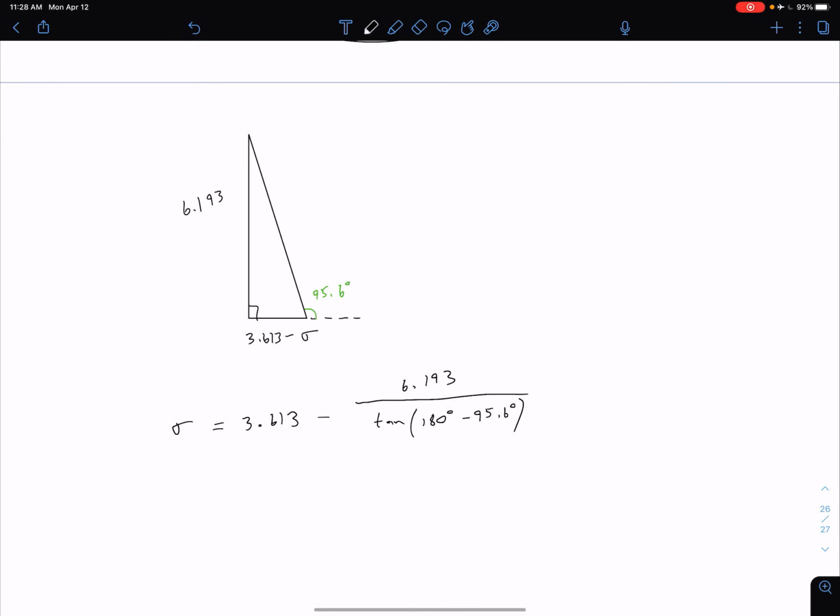So we're subtracting 95.6 to get this angle inside here, and then using our basic tangent relationship. If we plug all of that in, we get that our sigma is approximately 3.006.